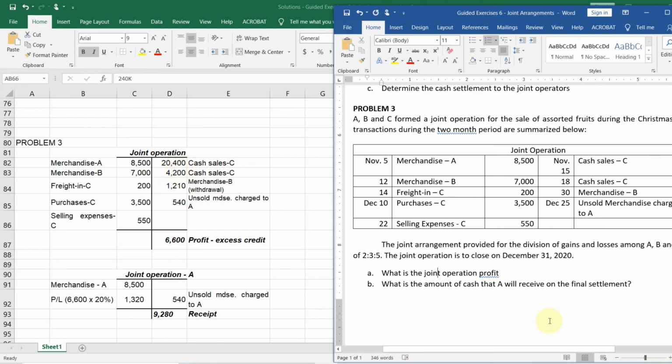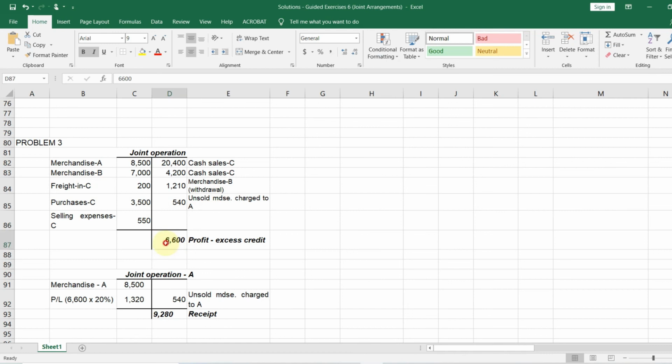Cash sales of C, 42. Okay? And then, nag-withdraw ng merchandise, CB, 1,210. And then, nagkaroon ng unsold merchandise charge to A 540. Total profit, excess of credit, is 6,600. Paano kapag siya naka-debit, siya ay loss? Okay. Now, ang dali lang, di ba?